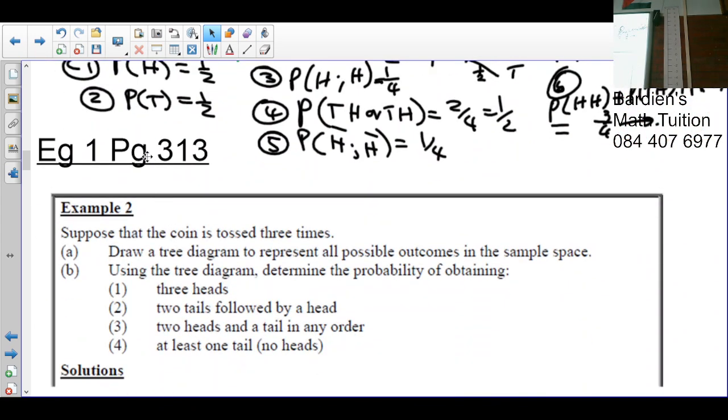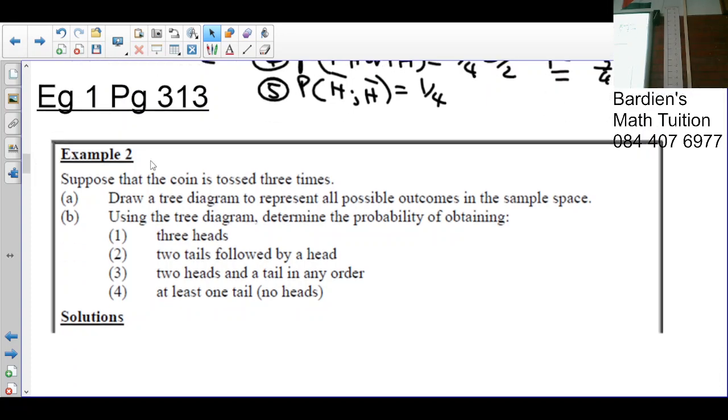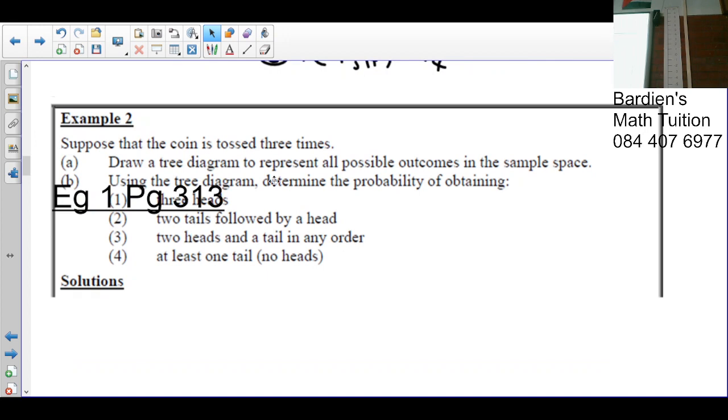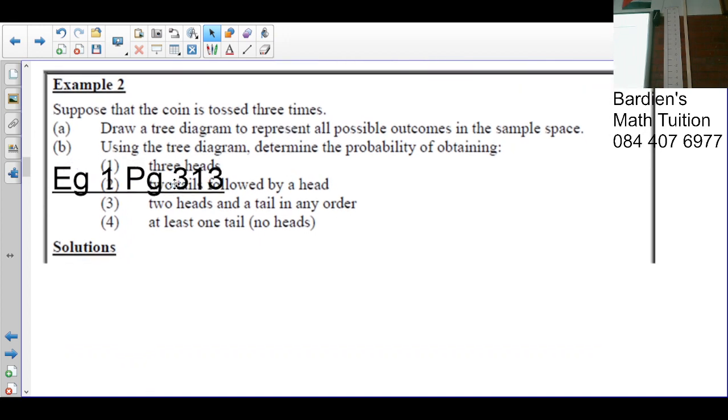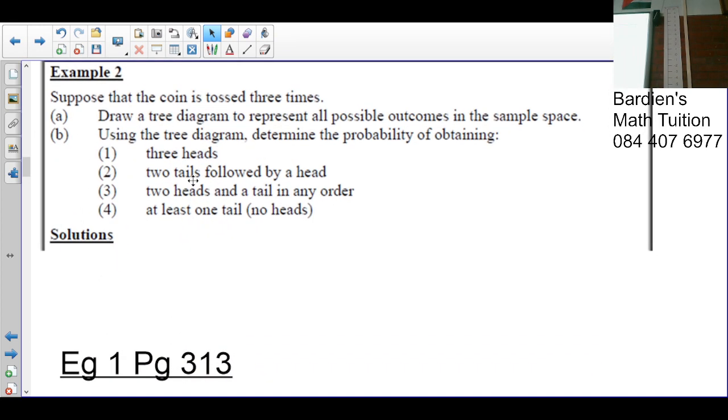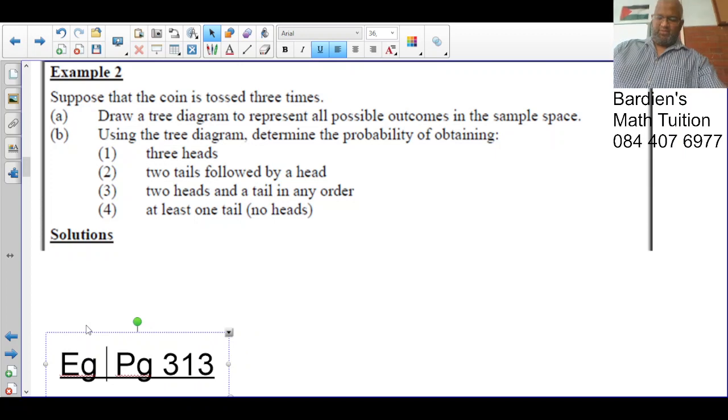Let's look at example 2, at the back. Which page are we on now? Are we still on the same page?